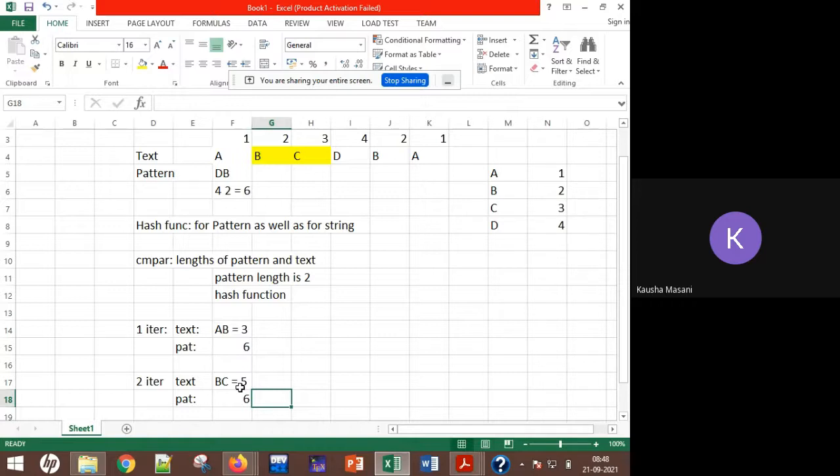One more thing here. There will be cases where hash function values are matching. That means maybe in the future, I will get a 6, a match in the hash values. But when you go and compare the string values, it will happen that they are not matching. The pattern which I want is BB. Suppose I add one more, let's say this is 1 right now.